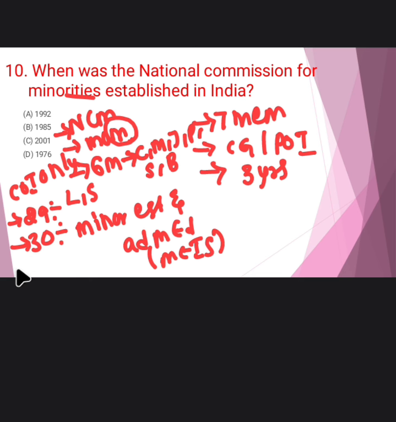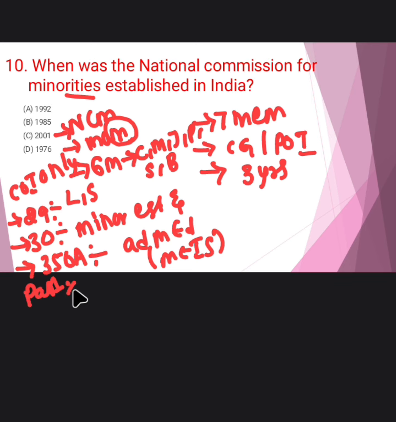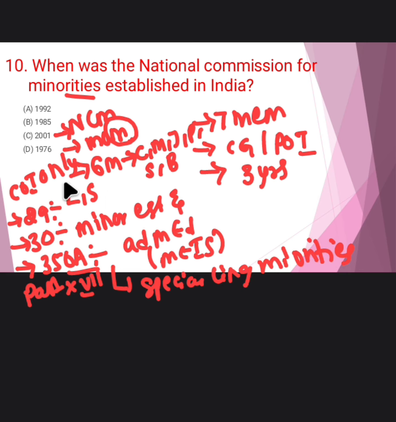And one more provision is also there: Article 350A of Part 17 talks about special linguistic minorities. All these were constitutional provisions to safeguard the minorities in India. So for this question, the answer is 1992. Through the NCM Act 1992, the NCM as a body was established.